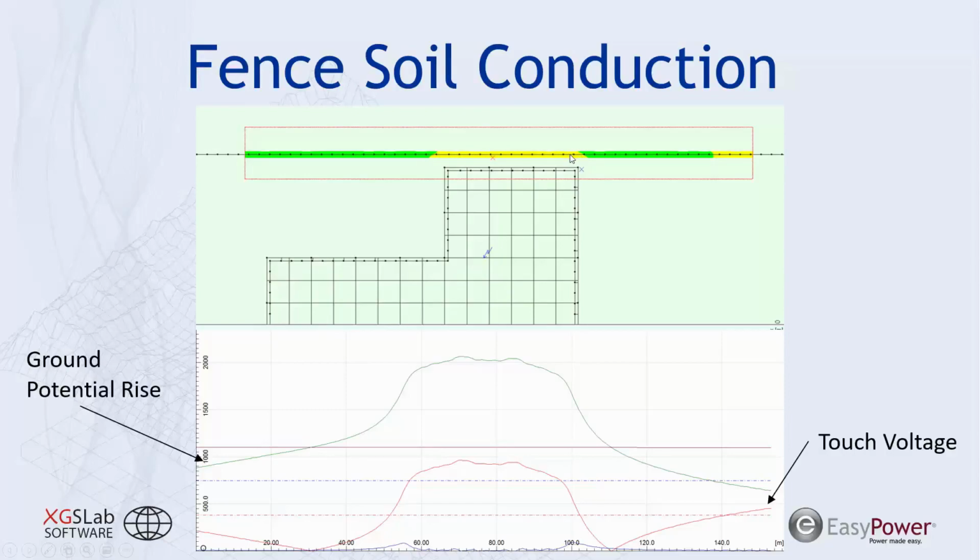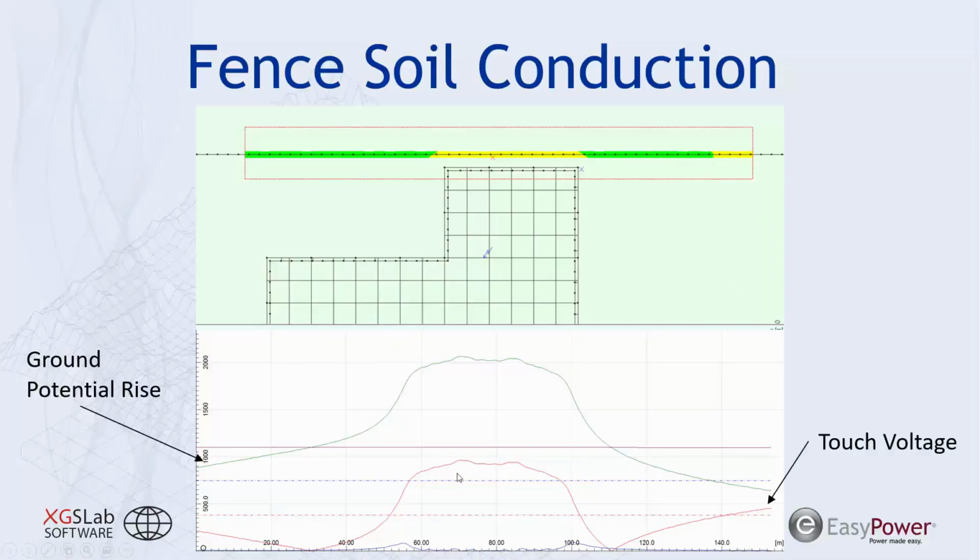Now, an interesting trend is if you go from left to right, we don't have sufficient voltage along the fence line that it would exceed touch voltages until we get to this extension. And then we hit a point where the voltage of the soil and the voltage that was conducted onto the fence are actually close enough that they're no longer exceeding our touch voltage limits.